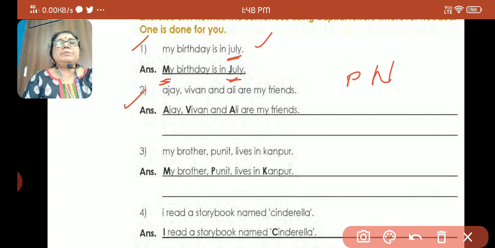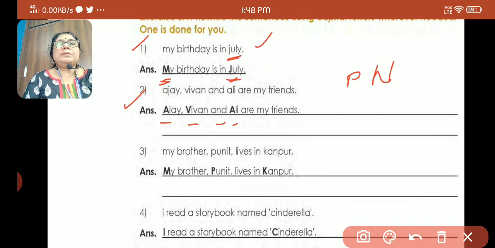So we write, now A is capital, Ajay, comma, Viveen. V is capital again in Viveen, and Ali. A is capital again in Ali. Are my friends, full stop.